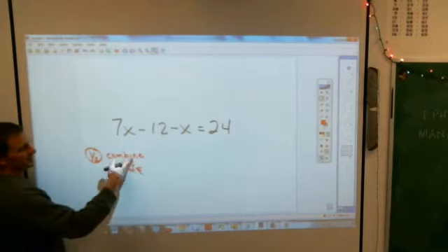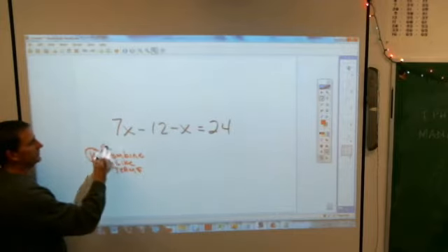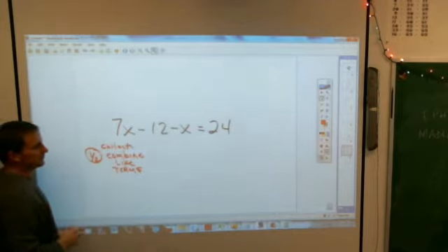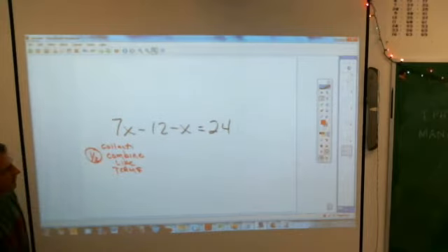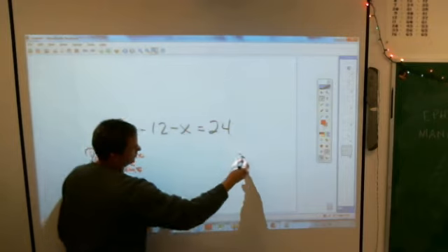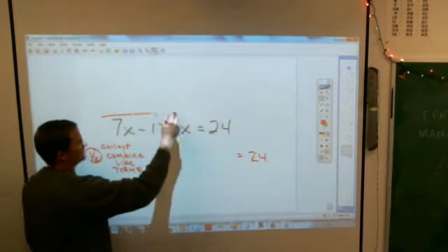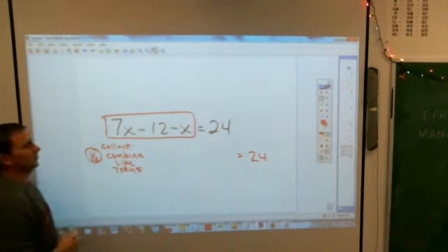Or as the book says, they call them collect. Which means this, children: you can't do anything with 24. It's going to stay as it is for right now. But this side you can simplify or put things together.